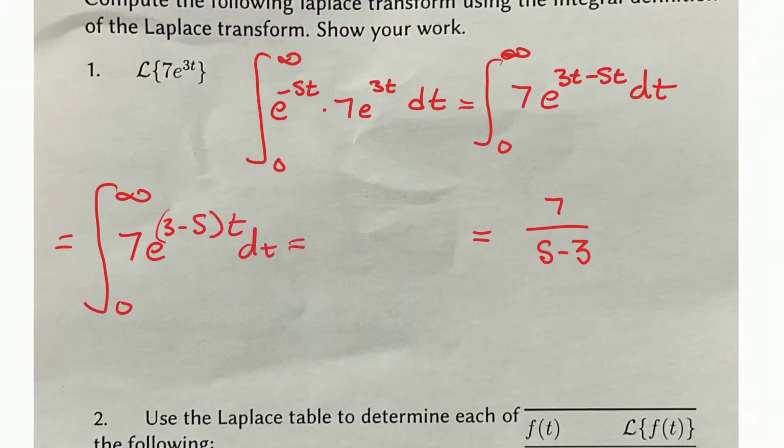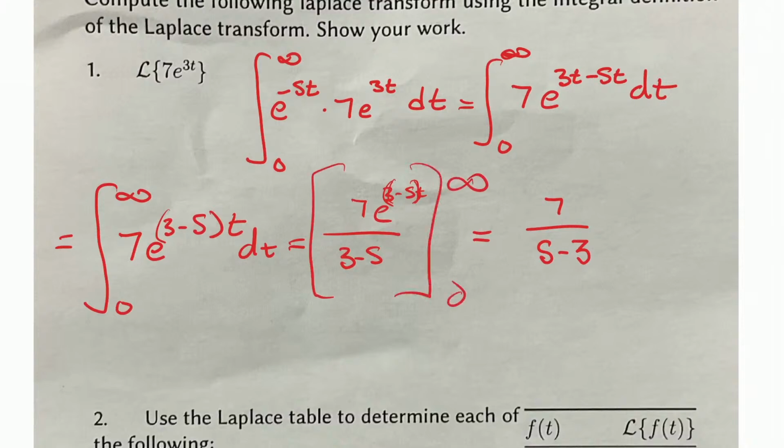And then you might as well throw this in there just to make it look like you know what's going on: 7 e to the (3 minus s) t over (3 minus s). Whoops, those should be in parentheses. Sorry about that. And this is evaluated from 0 to infinity. And then, yeah, okay, that works.